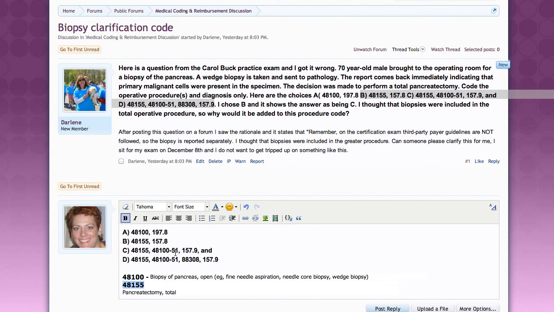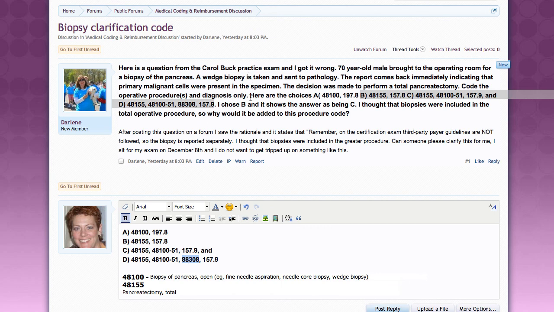We do want to use the multiple procedure modifier, and that is the 51. So we know that it's either going to be C or D, and then it's the same ICD code, so we don't even need to look that up. Our question is, do we need this lab procedure code? It's unlikely that we're billing for the pathologist and for the surgeon.